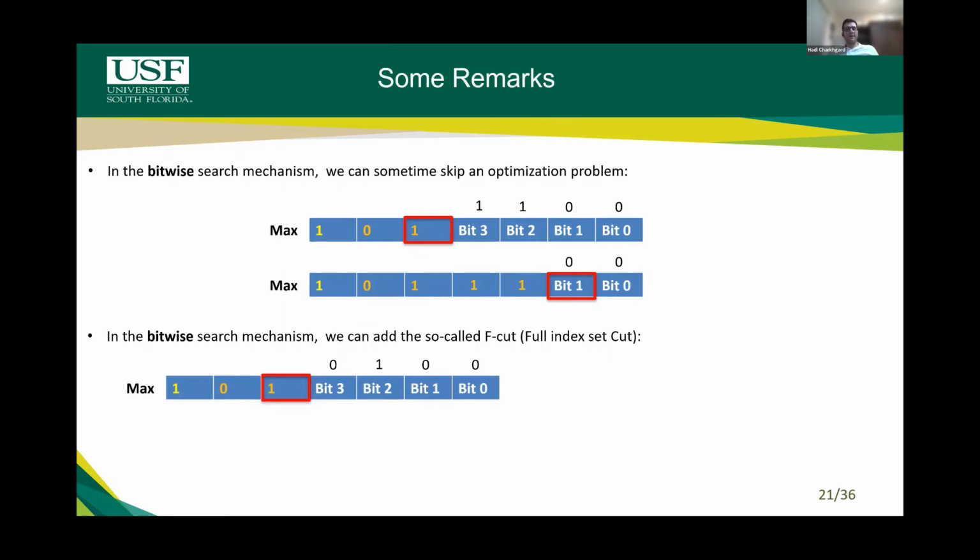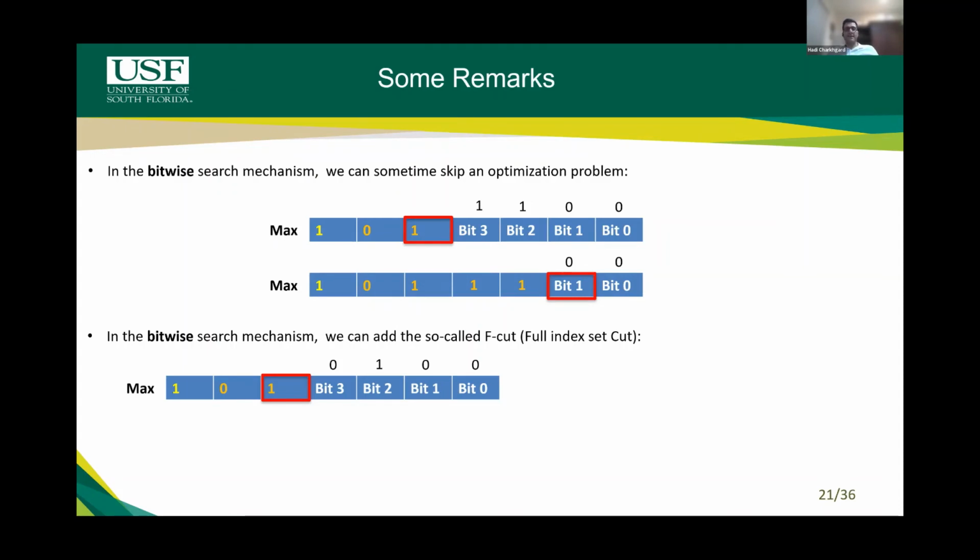You can also develop some sort of cuts for your problem, and the cuts are quite helpful. For example, consider this example again. You're here in the red square, and you haven't yet explored bit number 0 to 3. So I look at the solution that I have in the memory. It turns out that bit number 3, bit number 0, and bit number 1 have not yet received their ideal values.